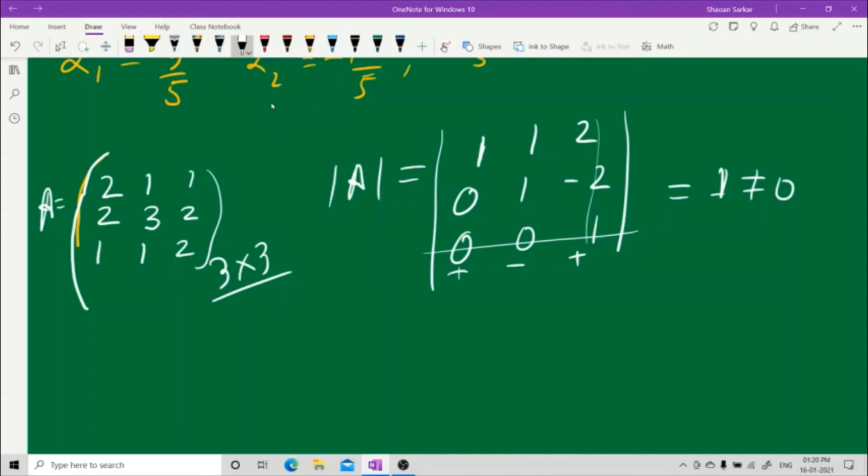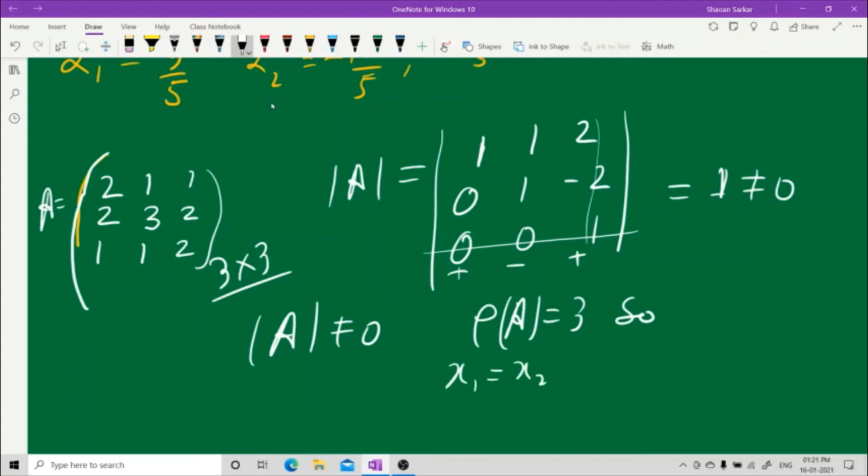Now since the determinant is non-zero, the rank of A is 3. So all the solutions, what did I take there? I think I took x1 equal to x2 equal to x3 equal to 0. So they are linearly independent.